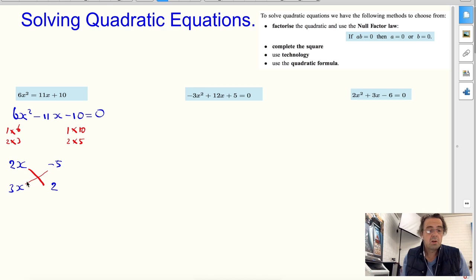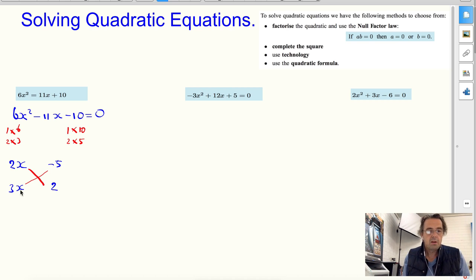Suppose this doesn't work out, then of course I've chosen the wrong numbers, and I can change something. I can try it with 1x and 6x, or I can change it to a 1 and a 10 here. But one of these combinations must give the correct answer.